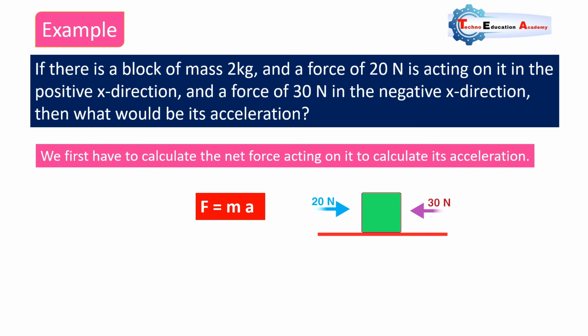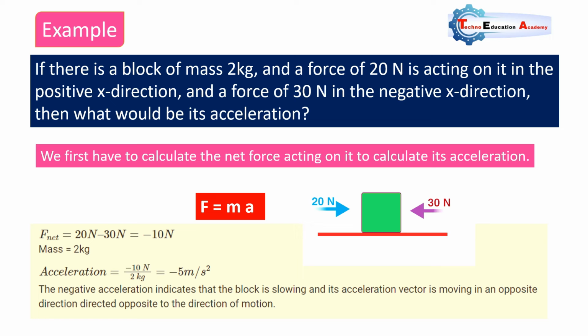We have already proved that according to the second law of Newton, the rate of change of momentum is directly proportional to force. So the net force is 20 Newton minus 30 Newton, since 20 Newton is in positive x direction and 30 Newton is in negative x direction. So the net force is minus 10 Newton.